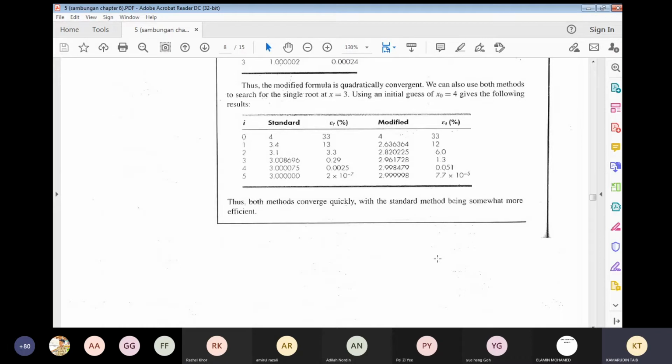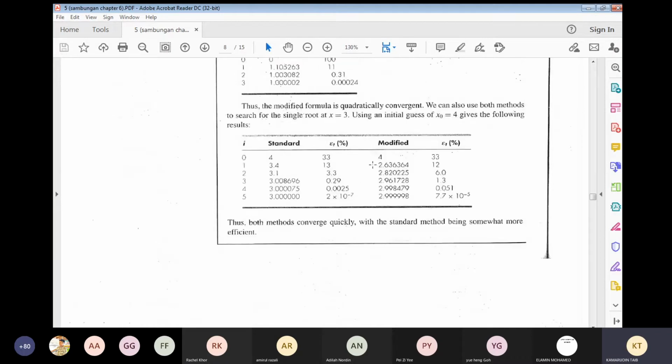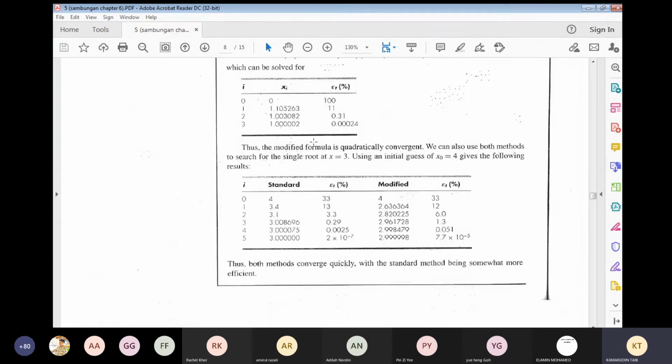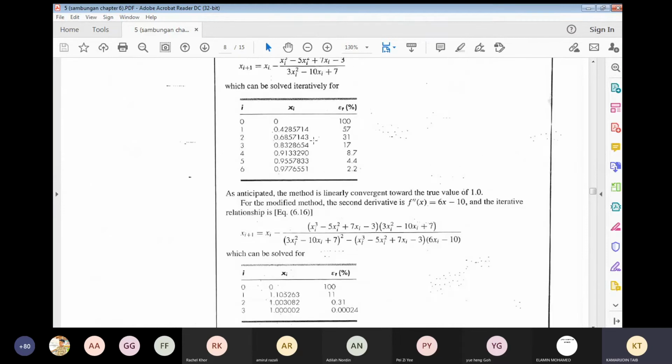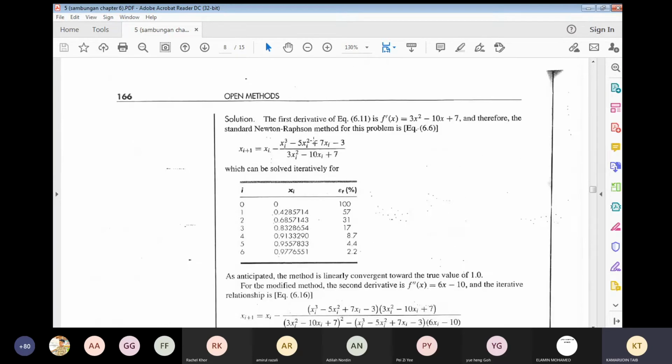So for this particular second root of x equals 3, which is a single root, the standard method turns out to be at the same level as the modified method. The modified method is efficient for repeated roots.